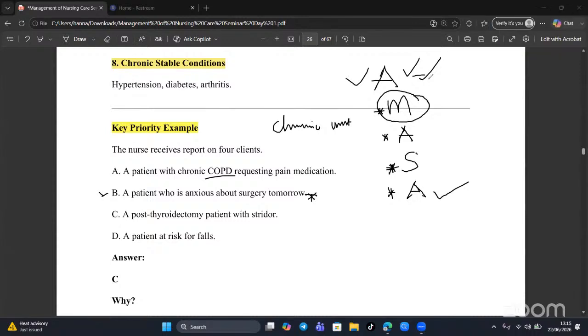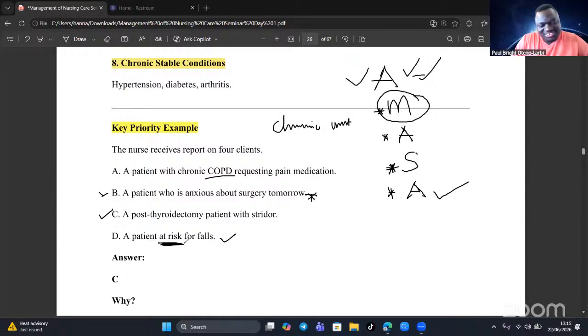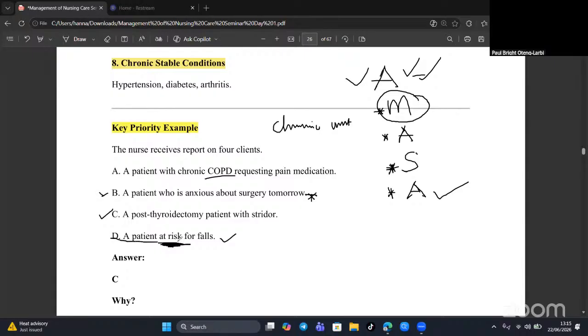So yes, he has ABC. And a patient at risk for falls. Potential, at risk. Potential, not actual problem. Okay.